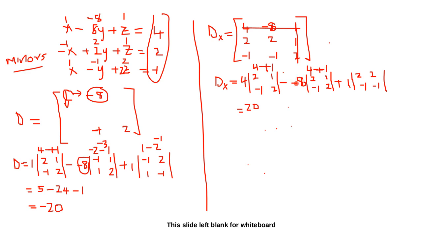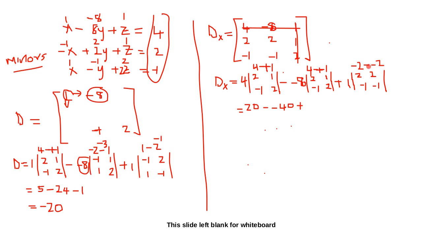5 times negative 8. So this will be 20 minus, then negative 8 times 5, that will be minus 40. Then we move on, plus negative 1 times 2, that is minus 2. Then minus negative 1 times 2 again, minus 2.